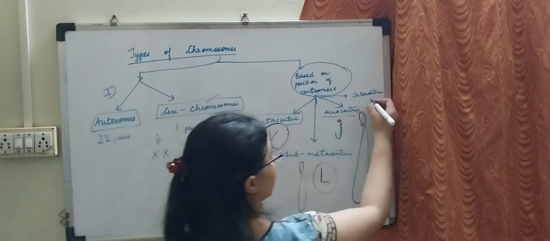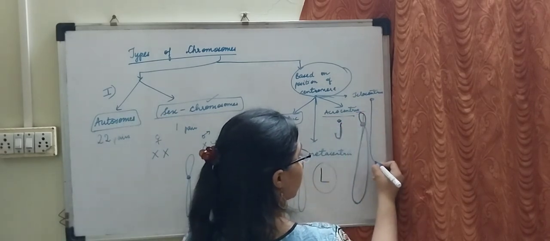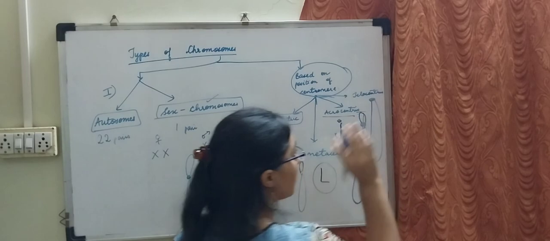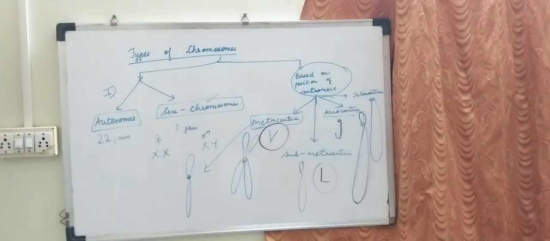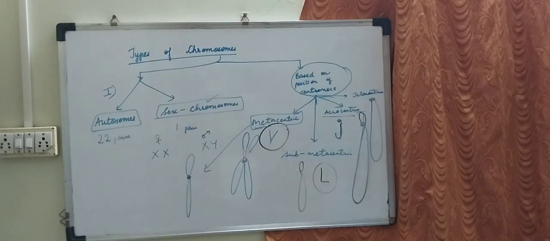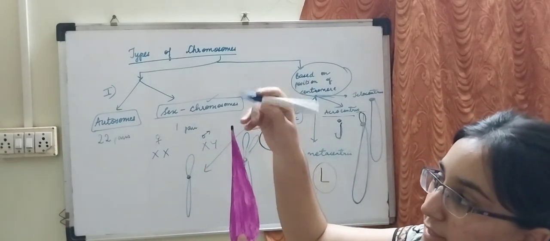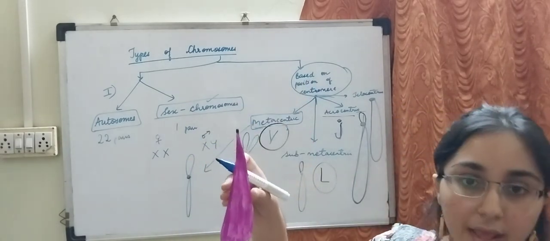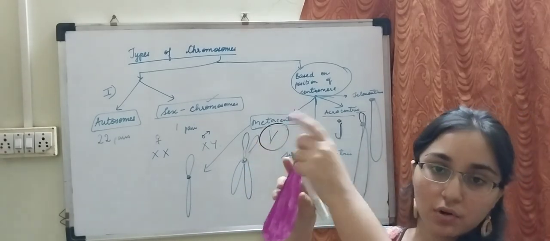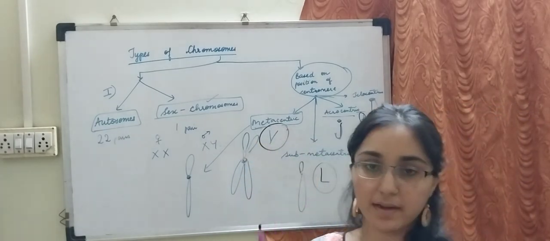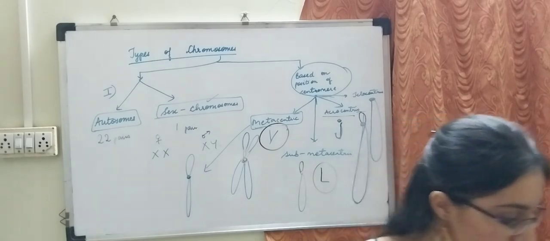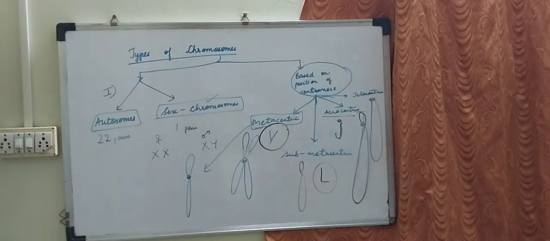Last, about telocentric: the centromere will go at the end of a chromosome, meaning it will be attached at the end like this. If you see here, the centromere is exactly at the end of the chromatid. If you take two chromatids, then also it will look like that only.